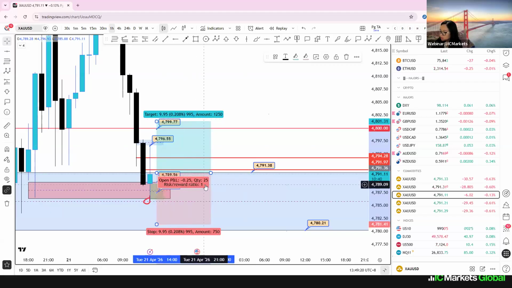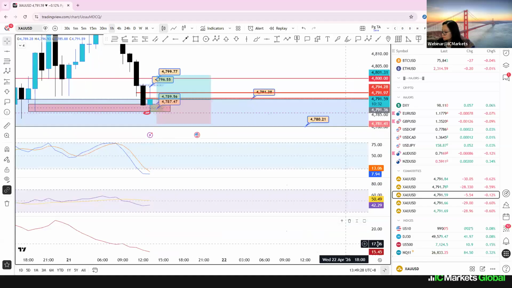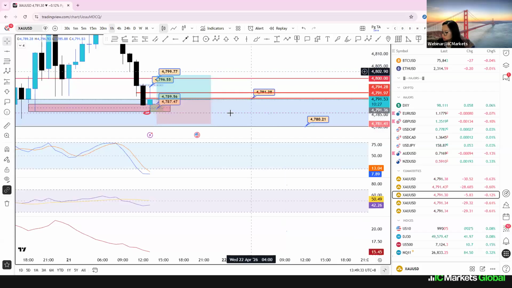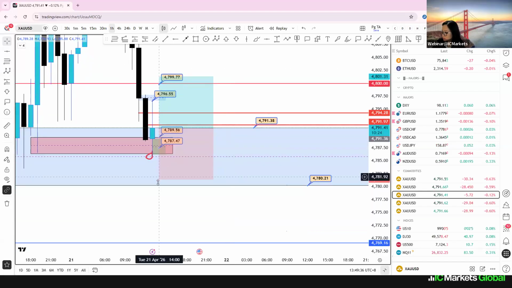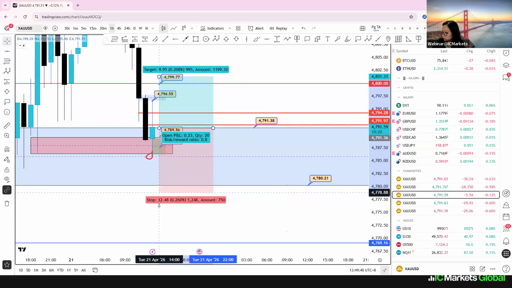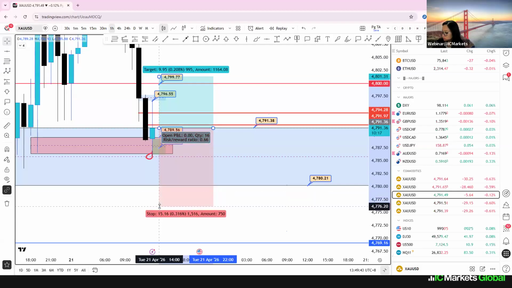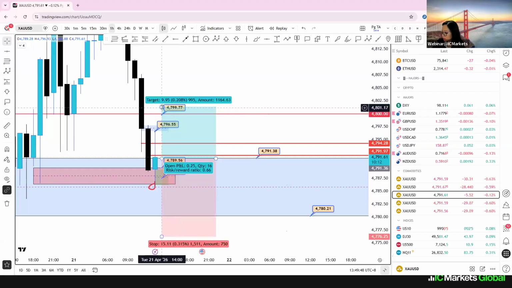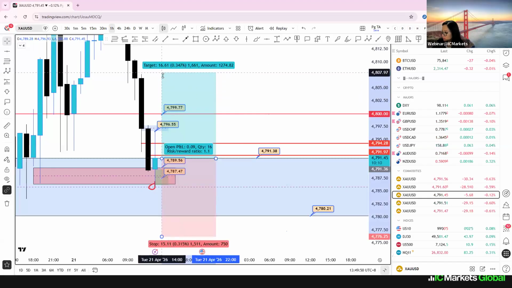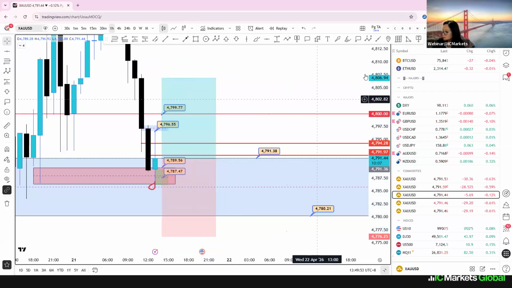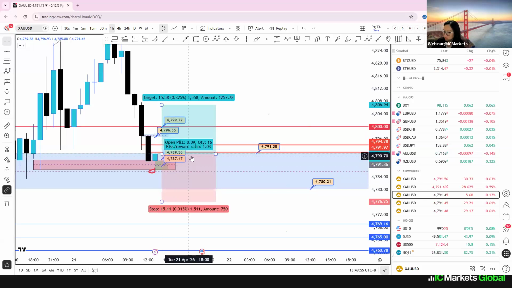Okay, for 1 to 1 risk and reward, if you want to buy here, they move 150 pips, then you need to set your stop at 150 pips, somewhere around here. Then you take profit also at 150 pips, which will be around this level, based on the ATR.